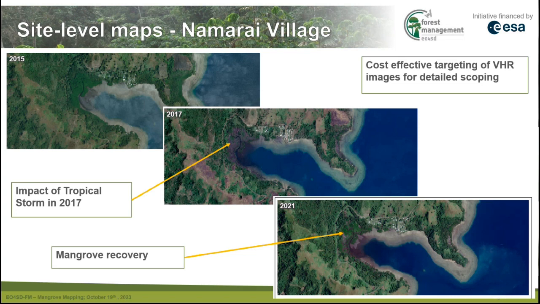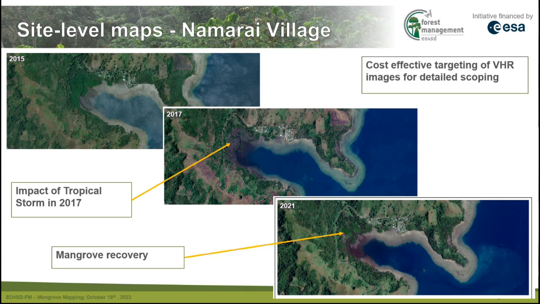So you can see in 2015 in the upper left, a very good-looking mangrove condition. In the 2017 image that was taken after the impact of a tropical storm, you can actually see that there was quite a lot of damage and degradation of the mangrove in this area around this village.